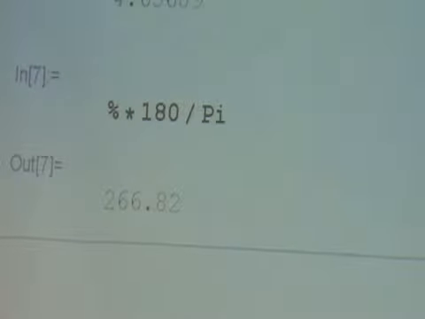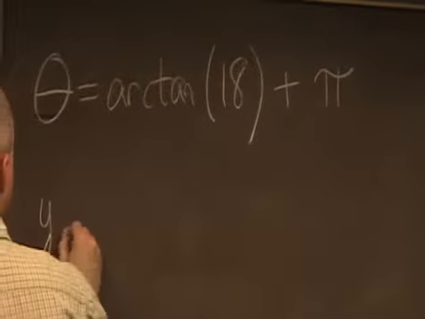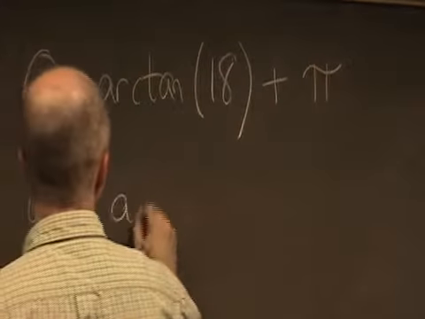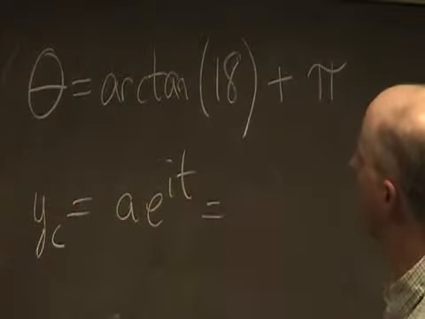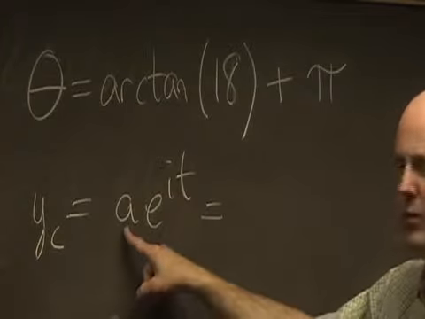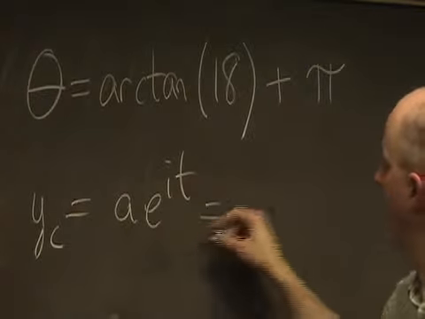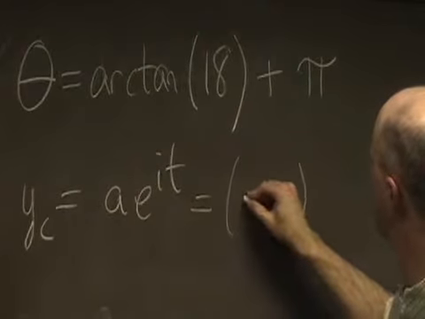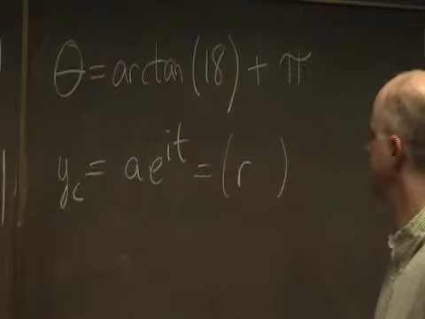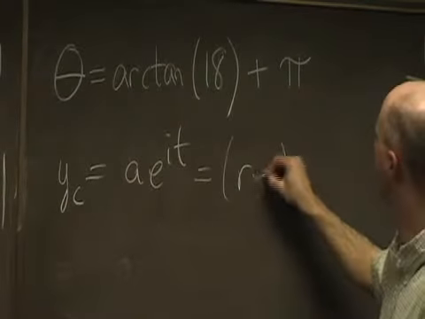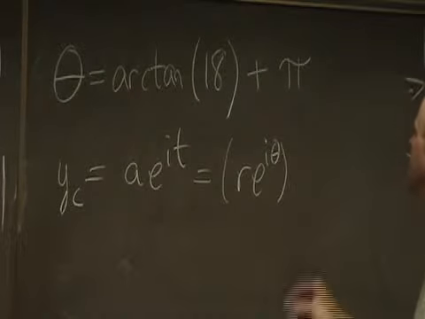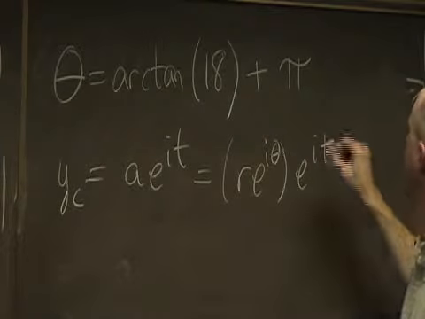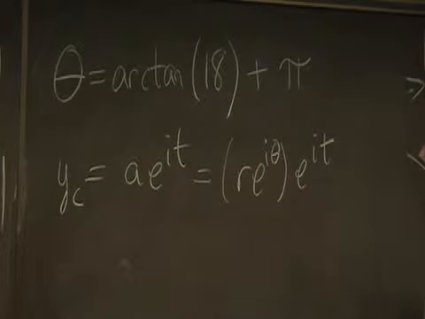As far as figuring out the phase shift, what you want to do now is think about this yc function. And you can write A in terms of its polar form like this: its modulus times e to the i times its argument.